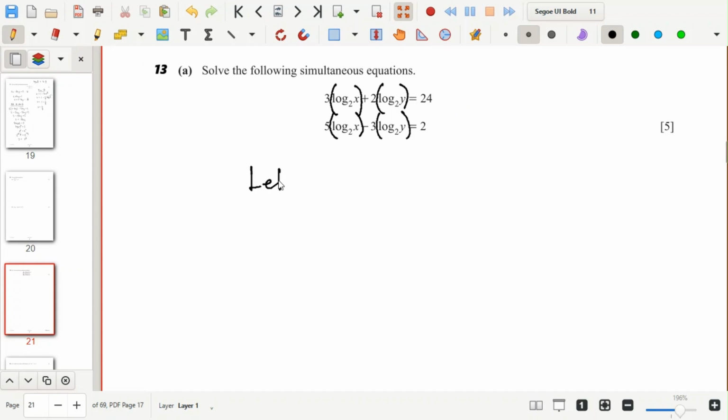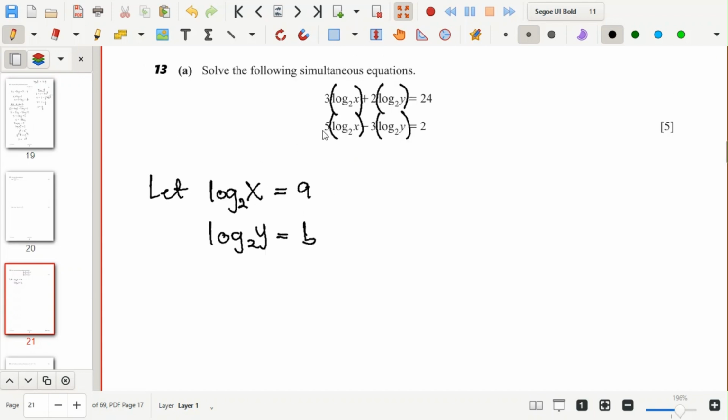I can say, let log x to the base 2 be a, and let log y to the base 2 be b. I can only do this because when I look at the two simultaneous equations, I have both expressions here. I have log x to the base 2, log y to the base 2 in the first equation, the second equation. That's what I mean.